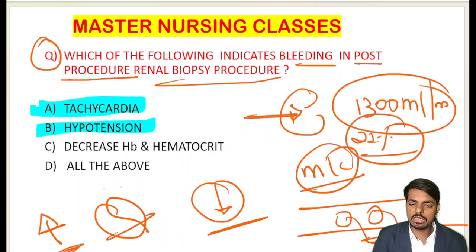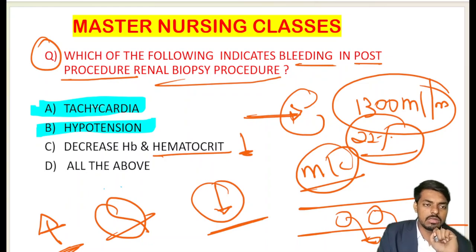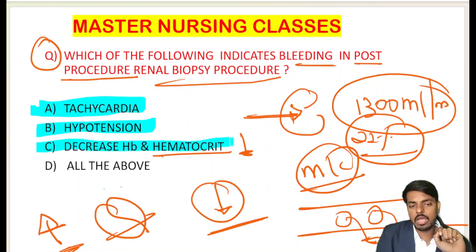So there is decreased hemoglobin because the RBCs are lost. The cells are lost more along with the plasma, so we will also find decreased hematocrit. All of options A, B, and C indicate bleeding inside the body.